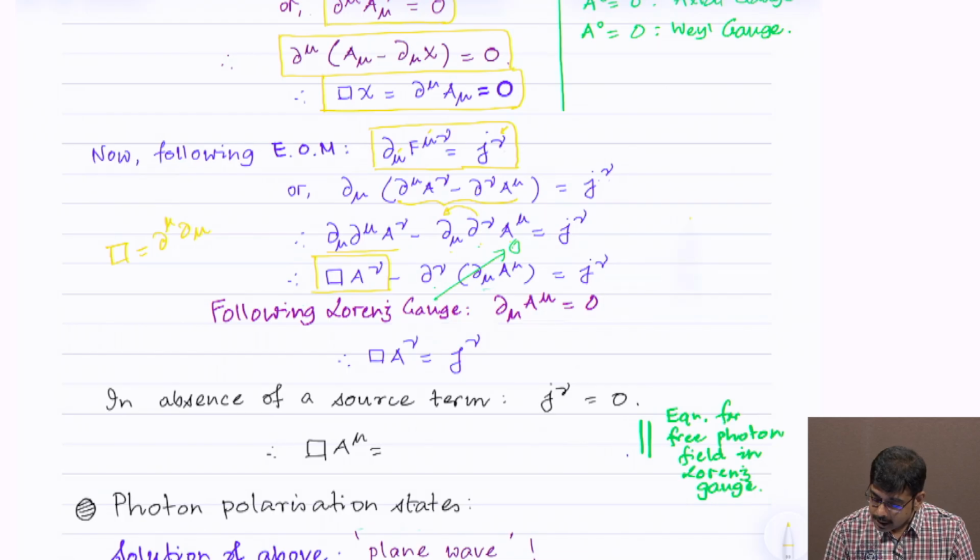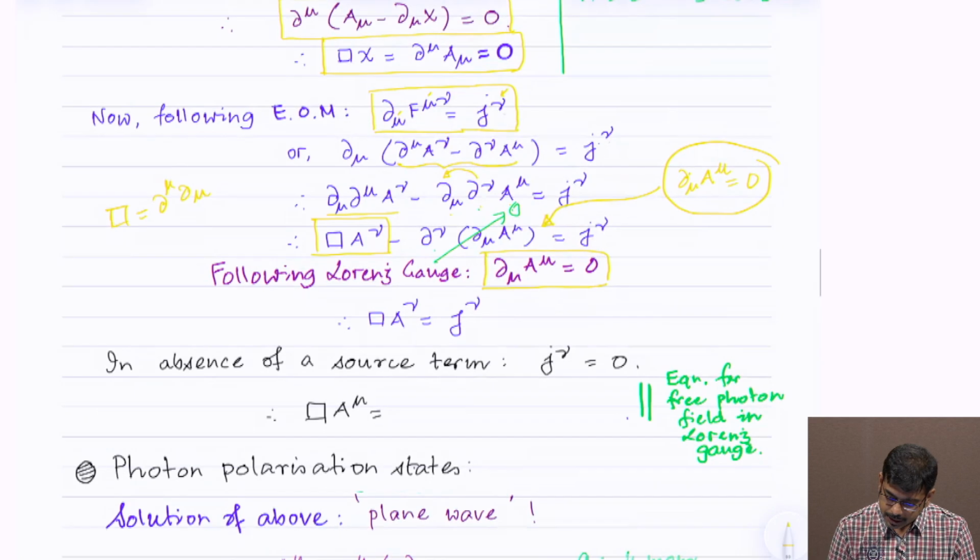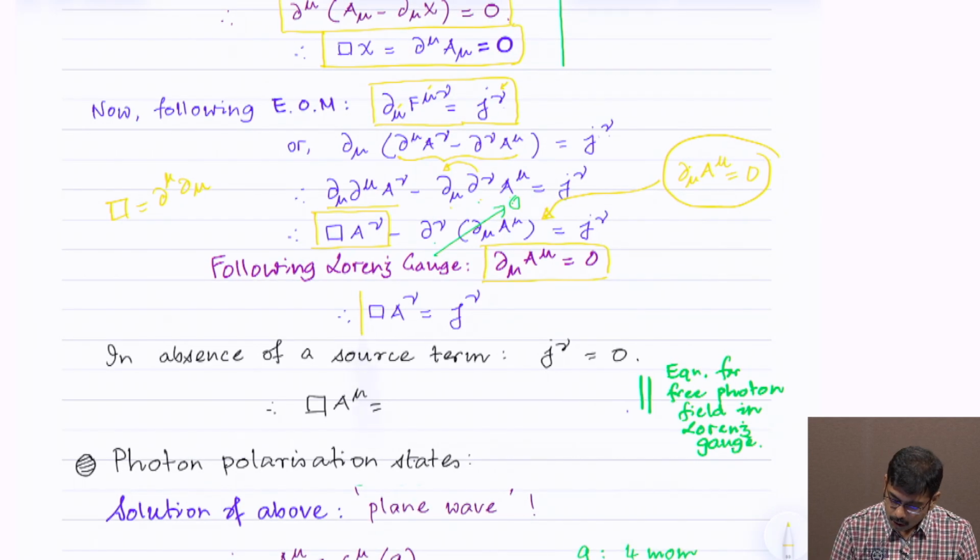But from the Lorentz gauge condition, we have already assigned ∂_μ A^μ equal to 0, right? If you bring it back, then following the Lorentz gauge, this gives you the equation box of A^ν equals j^ν. So, this Lorentz gauge tells you that your photon field, or the electromagnetic field, A^ν must satisfy box A^ν equals j^ν.